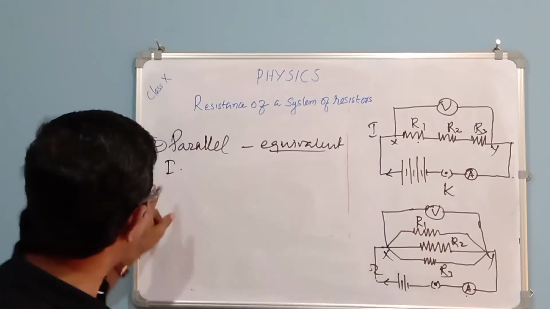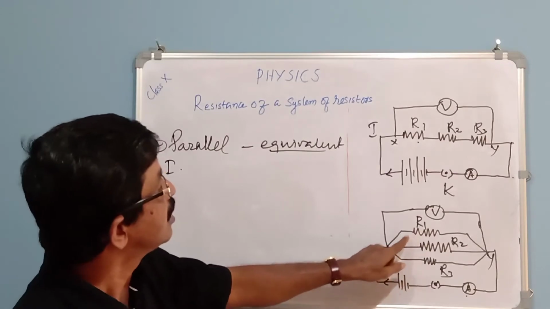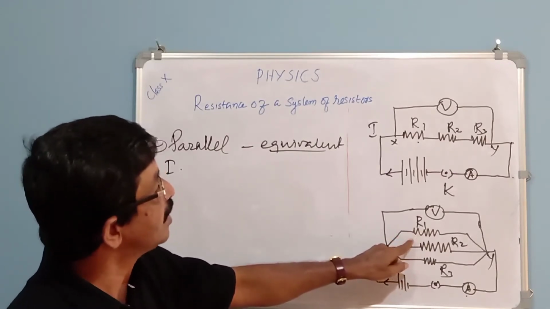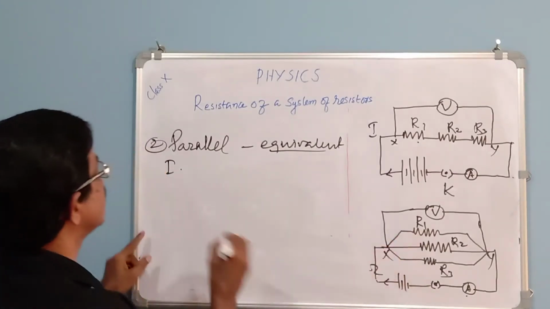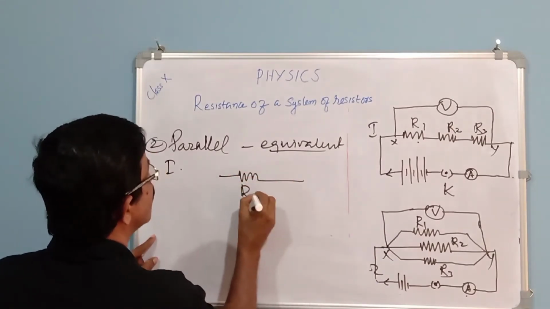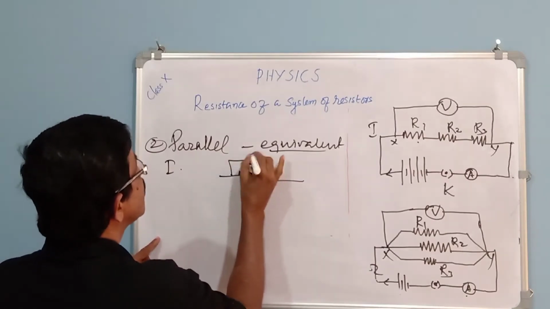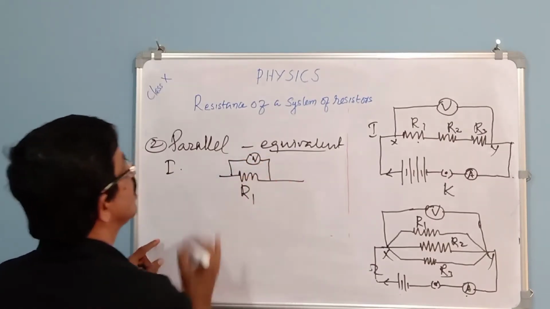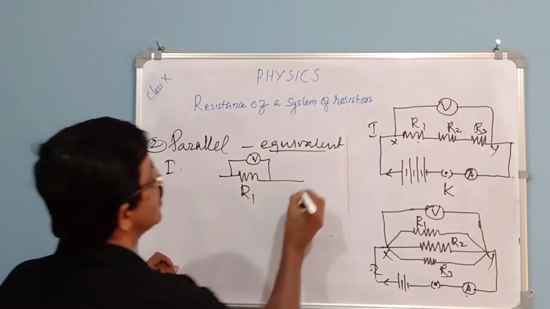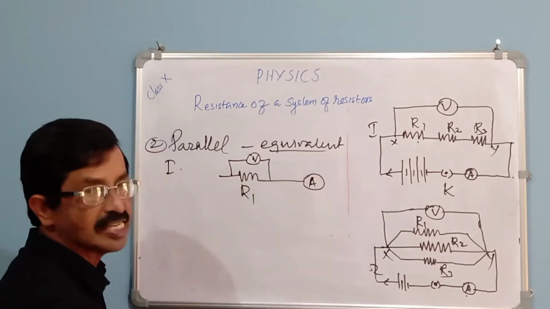Now we want to find the potential across each resistor and also the current through it. For the first resistor R1, we connect a voltmeter parallel to it to measure the potential difference, and an ammeter in series to measure the current through it.